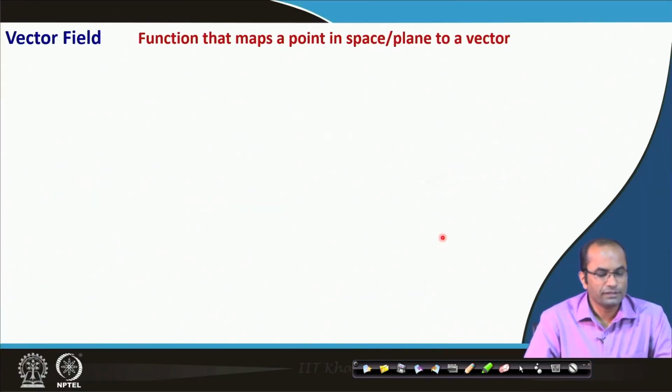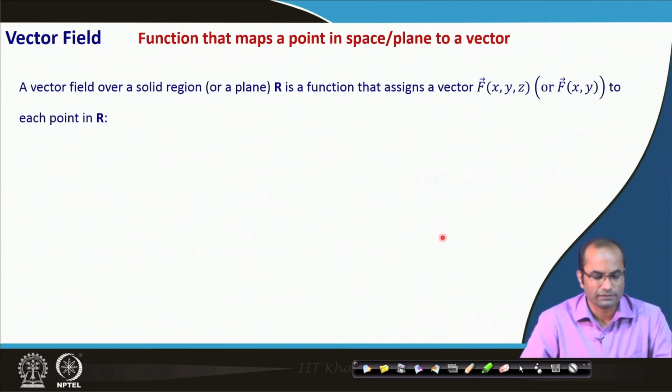Okay, so these vector fields are functions that map a point in a space to a vector. Now, instead of a scalar value, we will have a vector value. Like in the previous lecture, we learned the vector functions of a single variable. Here, instead of a single variable we can have several variables, but the output will also be a vector.